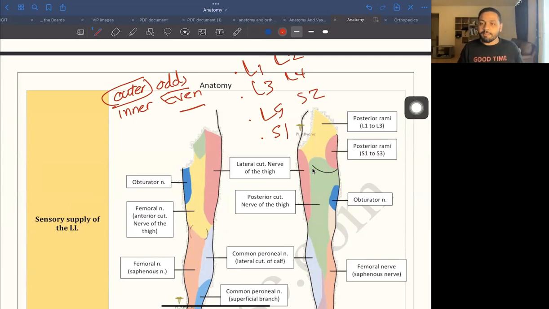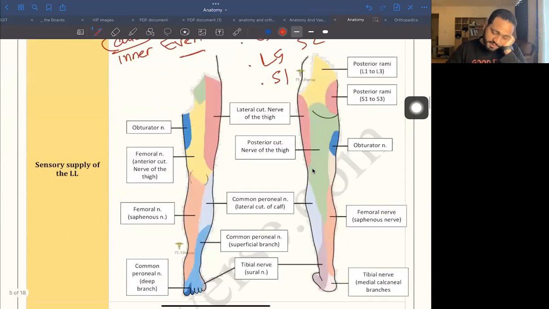It's not like we're cutting it. There is always overlap between the nerves, and you'll find many different diagrams for how it looks. But this is the way I remember it, and it's very close to the right answers. The outer are odds and the inner are even. So what are the nerves then? What is the cutaneous innervation of this area?